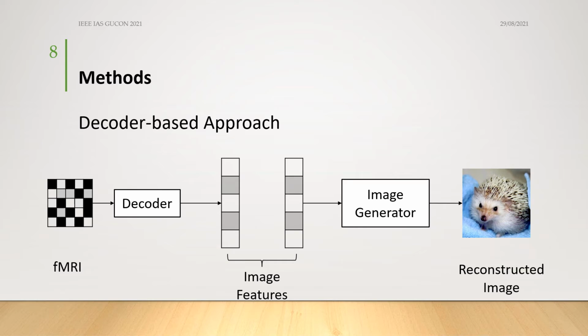Then we can use these image features to train an image generator network. What is good about this method is that since the image generator network is independent of fMRI, we can train the image generator on external images. Basically, we extract image features from other images and train our image generator on those images.